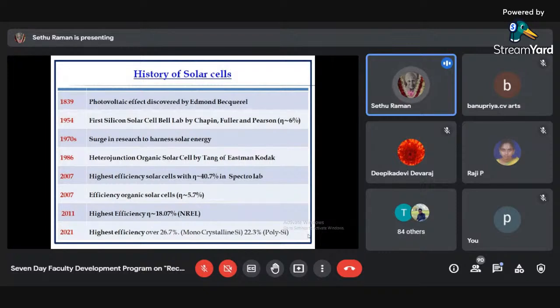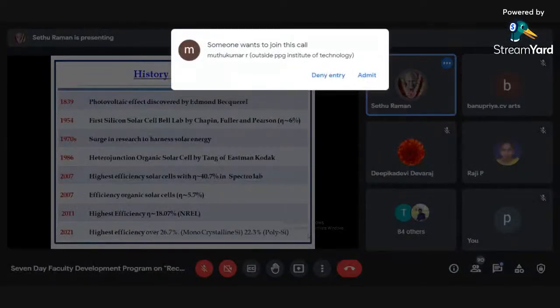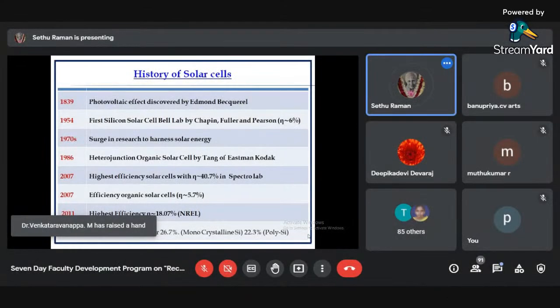Industrial efficiency is a bit lower than lab scale, of course, due to the tough panel and production process, so the power conversion efficiency is less compared to the lab scale.